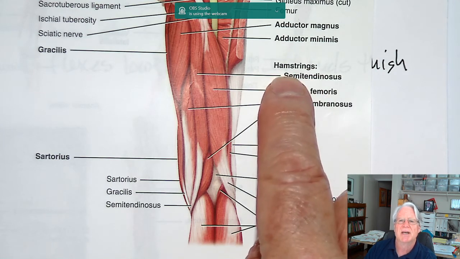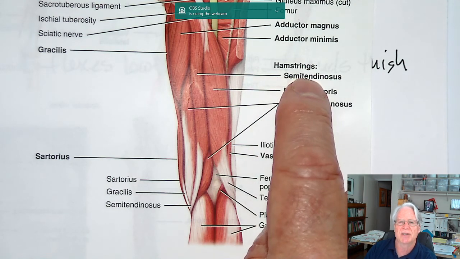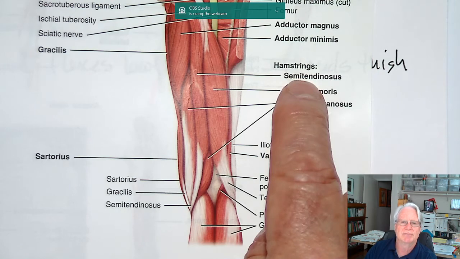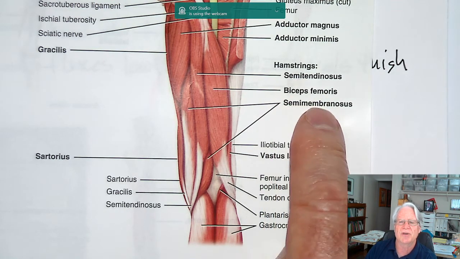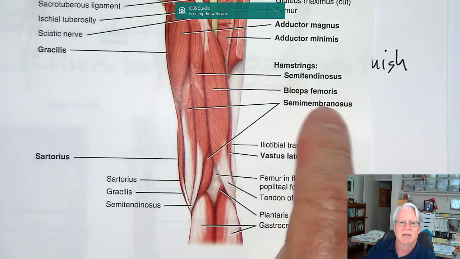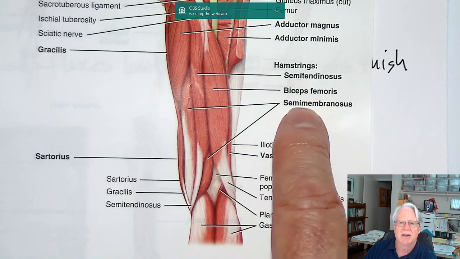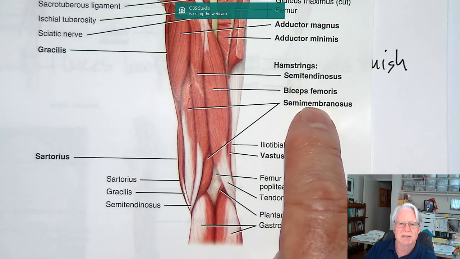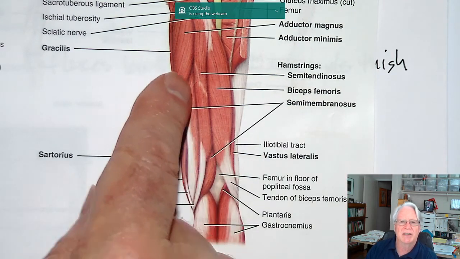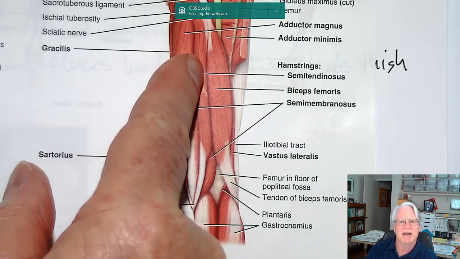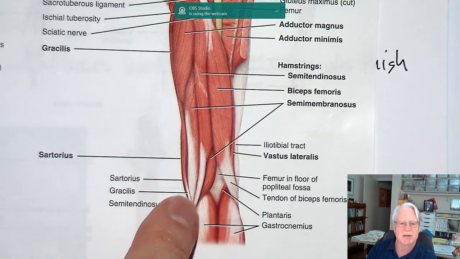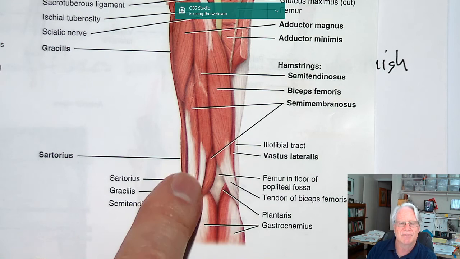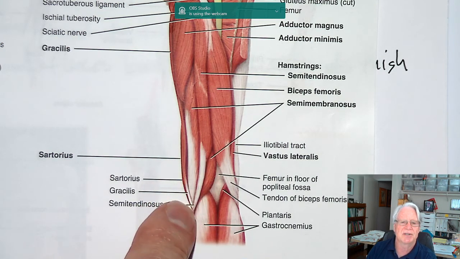But just remember, the T in semitendinosus means top. And then semimembranosus, we have 1, 2, 3 M's, a lot of M's. And all those M's stand for medial. So we get the semitendinosus on top of the semimembranosus, and they're both inserting on the medial side of the knee.